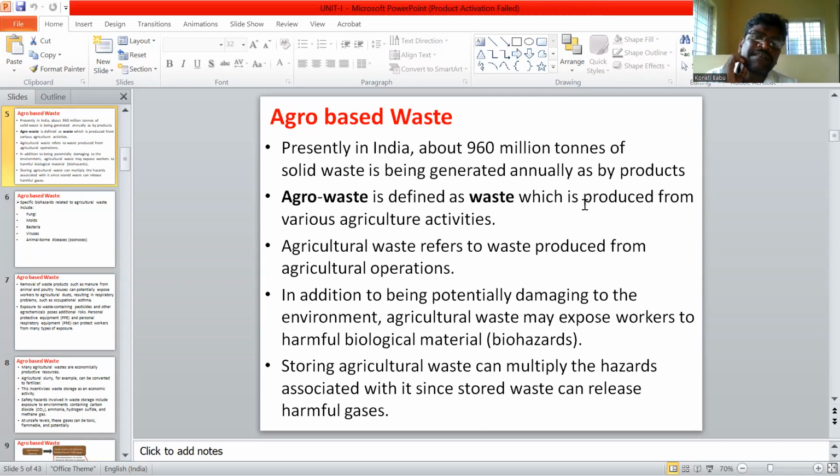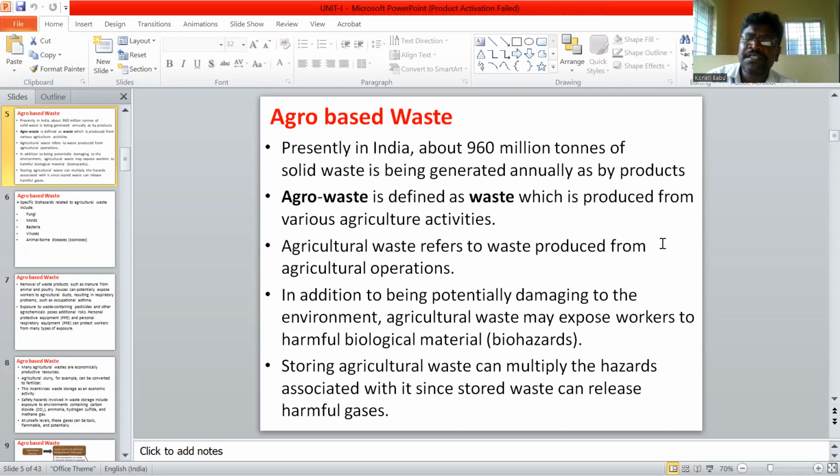Agro waste is defined as the waste which is produced from various agriculture activities and processes.